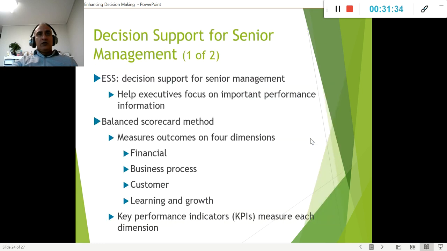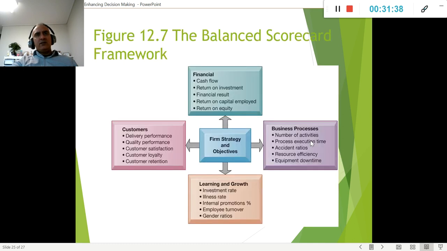All of this decision support for senior management is presented in many ways. It could be in terms of money, as in how we're going to use the money. The balanced scorecard is a very popular approach.